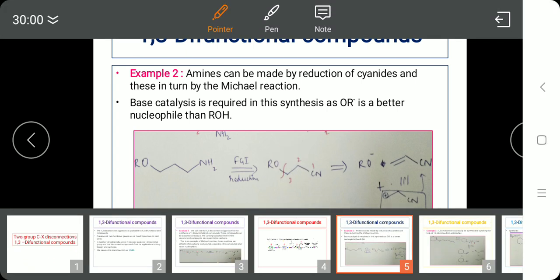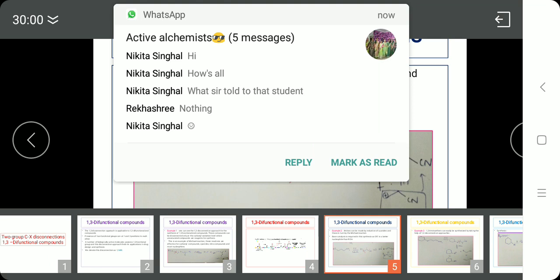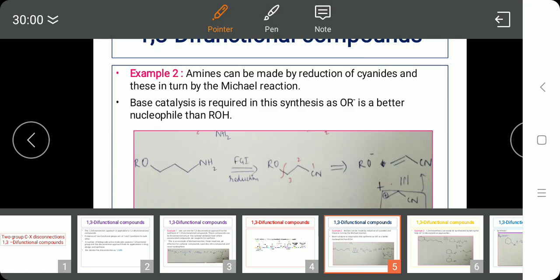So there are only 2 carbon atoms between CN and OR. We're writing 2 carbon atoms because we know that the cyanide group on reduction is going to give us CH2NH2.